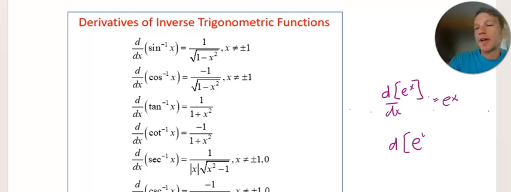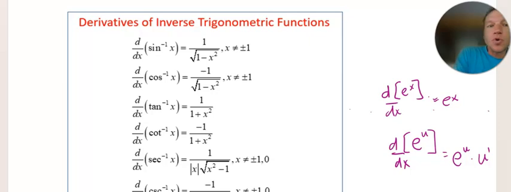It could be e to the f of x, or a lot of textbooks use u, and you always assume u is a function of x, so u is f of x. What's the derivative of that? It follows this rule and then use the chain rule. So it's e to the u times u prime, or the other notation for u prime, of course, du dx.